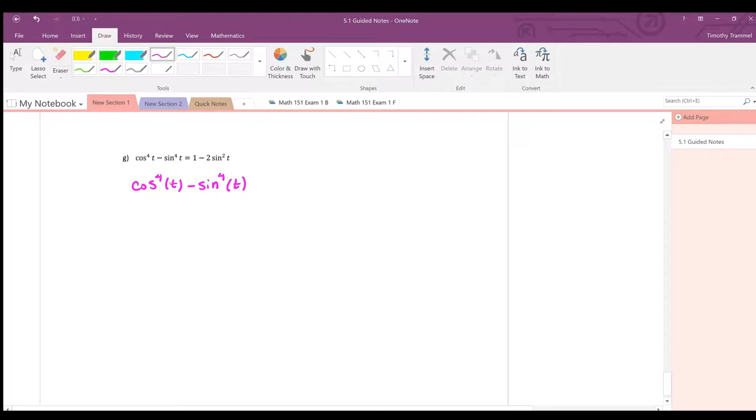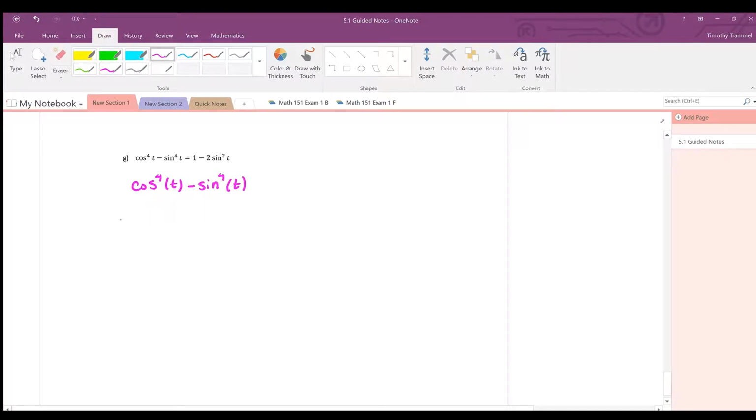But some of you also might be thinking about using your Pythagorean identity maybe right now. And the idea is we want to end up with this 1 minus 2 sine squared of t. So if we use our Pythagorean identity to rewrite this cosine fourth of t, we can rewrite it in terms of just sine. And so then we'll end up with an equation that only has sine squareds or sine to the fourth and maybe some constants in it. So let's give that a try.